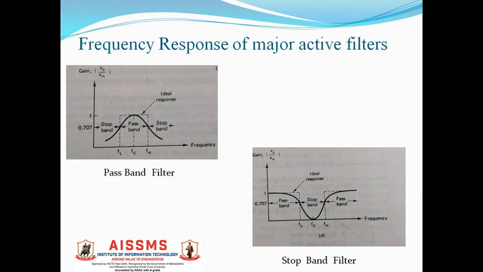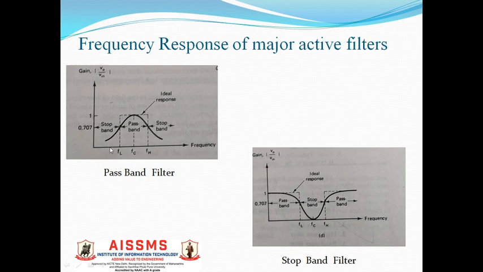All the signals between the frequencies FL to FH pass through this filter, whereas all the frequencies which are less than FL and greater than FH do not pass through this filter. That is why it is called the stop band.